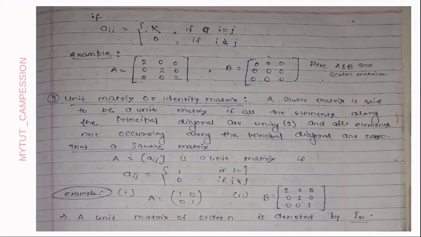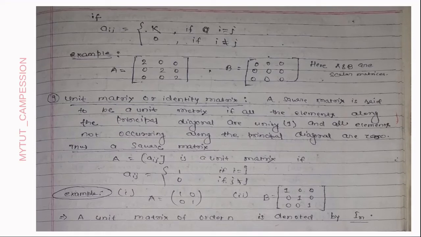Now we will discuss the next type of matrix, the unit matrix or identity matrix. A square matrix is said to be a unit matrix if all elements along the principal diagonal are unity and all elements not occurring along the principal diagonal are 0.